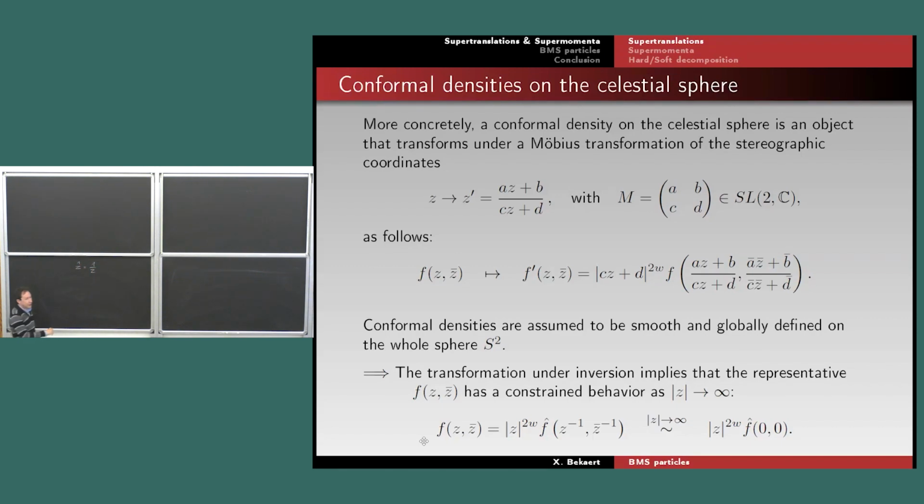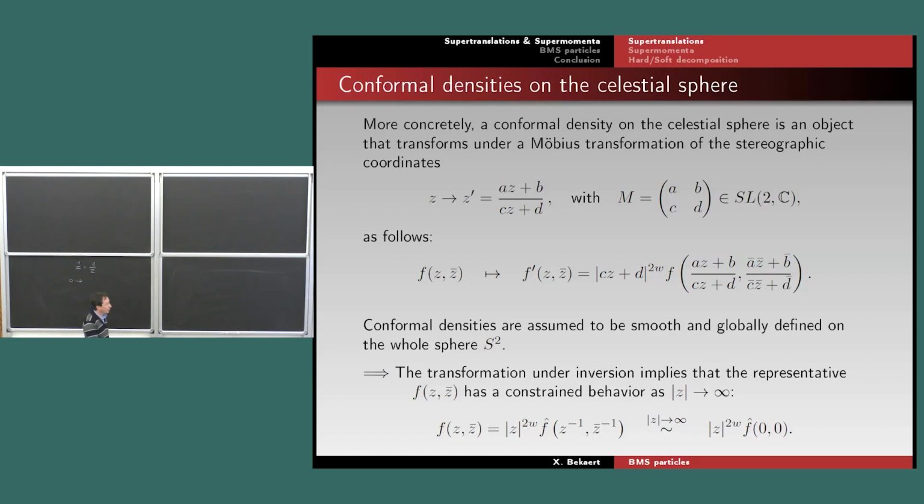This is an inversion of the celestial sphere, where you send the origin to the point at infinity, and since the density has to be global everywhere, taking the weight into account, when z goes to infinity it should scale like this.